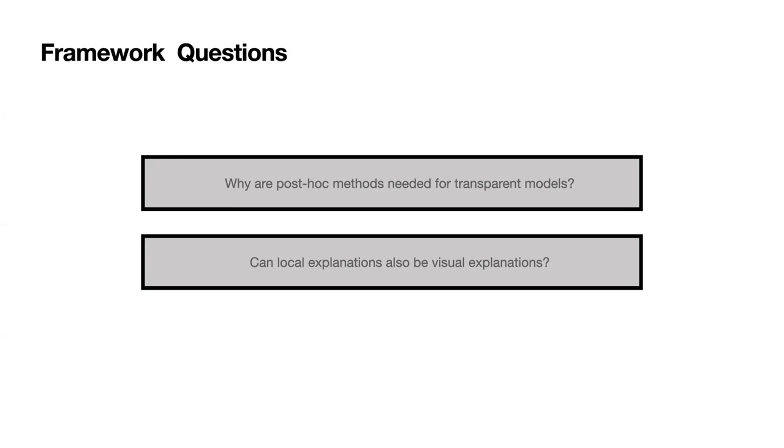So in this case, post hoc methods can help. And the second question, whether local explanations can also be visual explanations, the answer is potentially yes, right? Because a local explanation is simply looking at a local region or a data point, and there's no reason that it shouldn't also be a visual one, right?